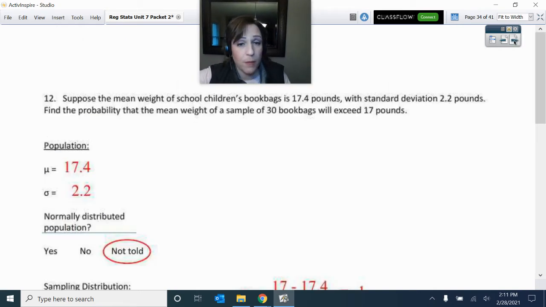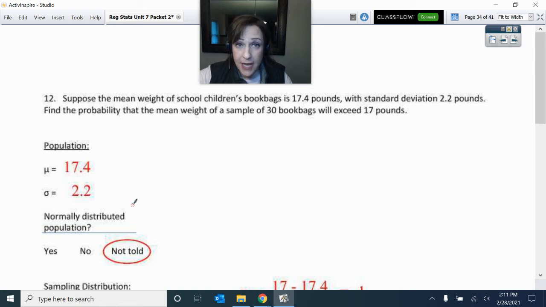So here we have this problem. When we read this prompt, it's about the weights with a population mean and standard deviation. We are not told that the population is normally distributed. What this tells me is that I'm not allowed to do normal model math about one single backpack.